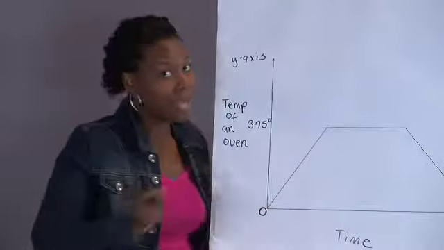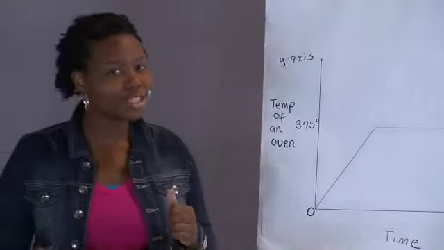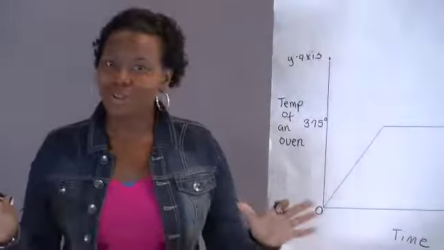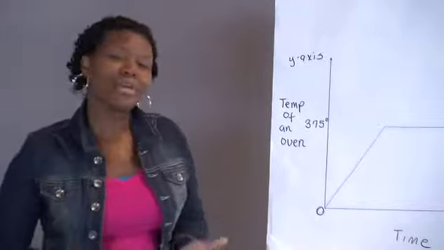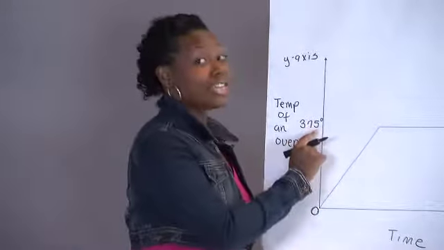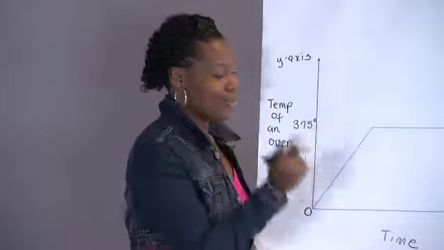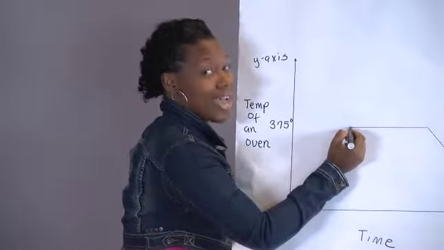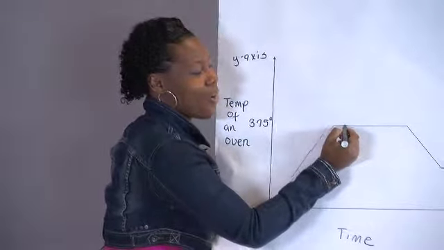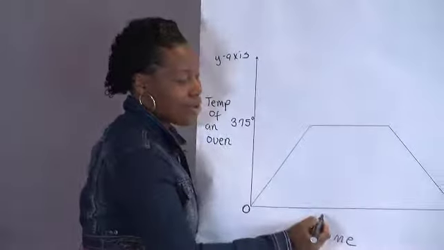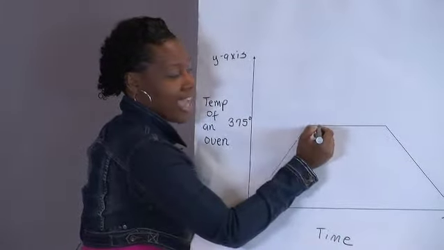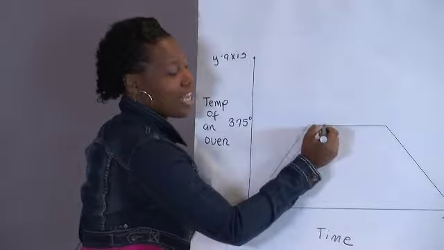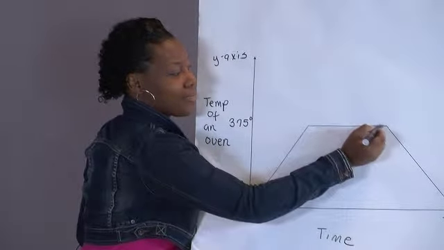Okay, so I made my mac and cheese, put the milk in it, got my shredded cheese, all that. The macaroni is done. I'm ready to put it in the oven, and my oven's at 375 degrees. So during this time, my mac and cheese is cooking. As time goes on, it's cooking at 375 degrees, so my temperature remains the same.